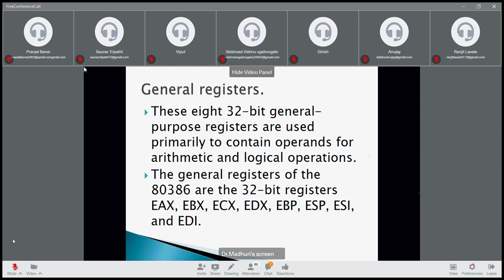The general registers are 32-bit registers: EAX, EBX, ECX, EDX, EBP, ESP, ESI, EDI. That is the extended. E for extended.